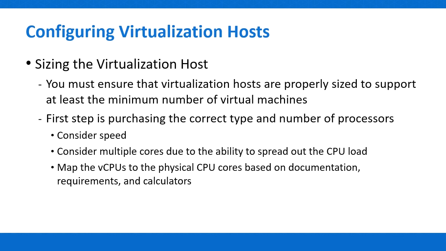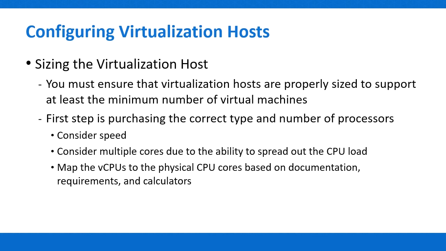So if you're assigning more virtual CPUs than there are physical CPU cores, you're in a tricky proposition. You need to evaluate the workload of everything before you do that. Most of the time, it's safe to assign 4 to 6 virtual CPUs for every CPU core on the server. But we have to look at documentation. We need to look at the requirements of the particular applications. We need to consider calculators.